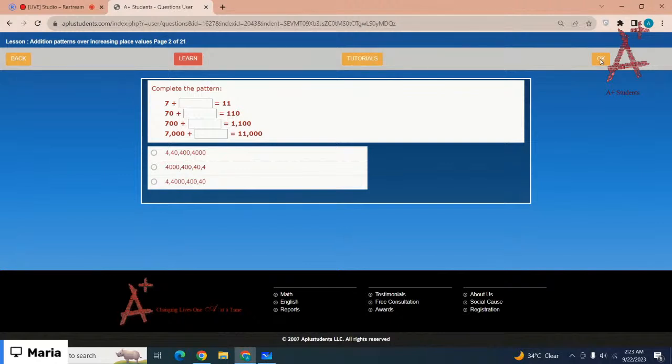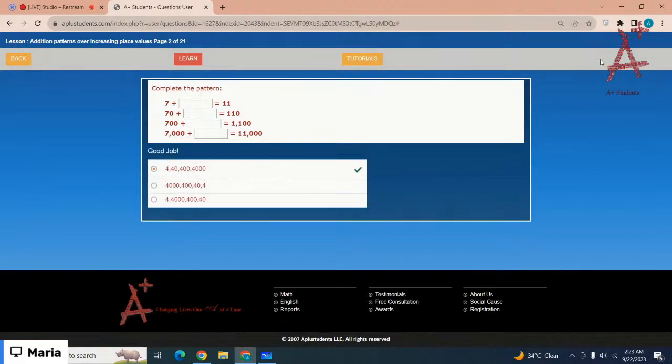Yes, very good. Option number 1 is the correct one. 7 plus 4 equals 11. 70 plus 40 equals 110. 700 plus 400 equals 1100 and 7000 plus 4000 equals 11,000.